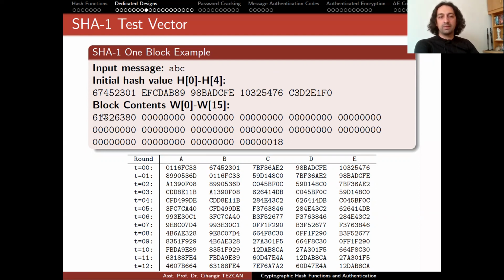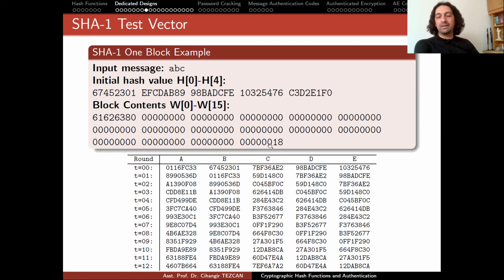When you write it in the 512-bit block, as you can see, ABC, if you look at the ASCII table, turns into 61, 62, and 63. Now the message ends here, so you have to apply padding. You put a single bit of 1, then fill the rest with zeros. And in the final part, you write the length of your message. In this case, it is 24 bits, and 24 in hexadecimal turns into this.